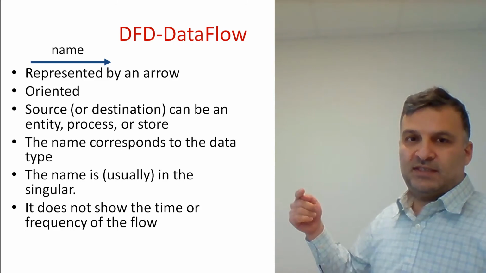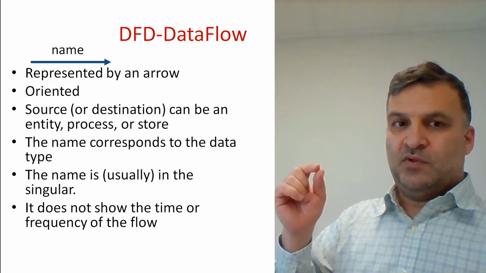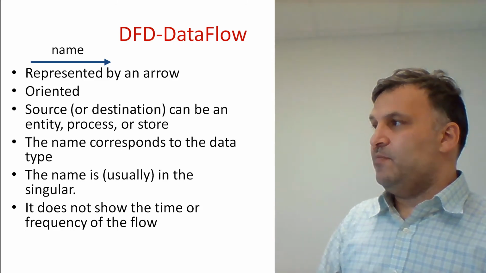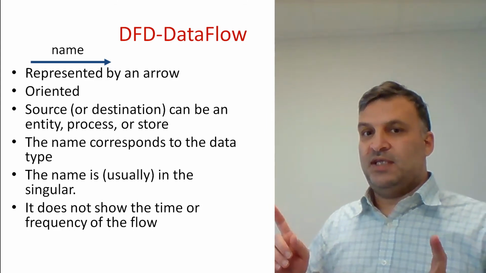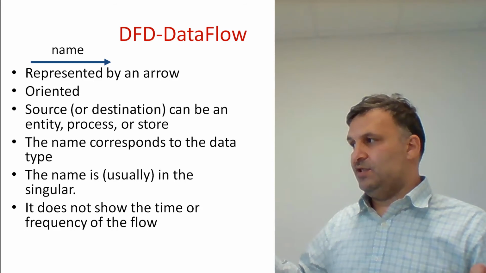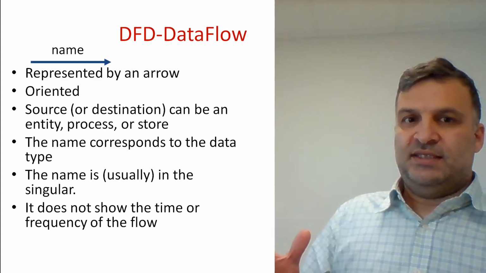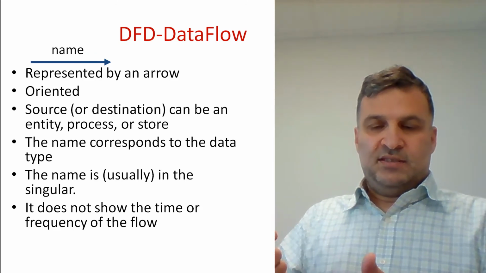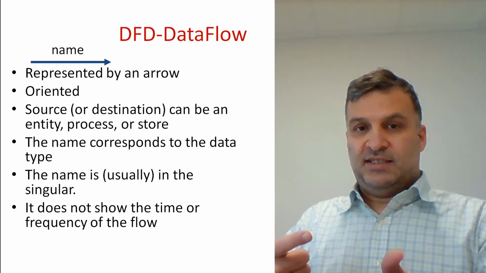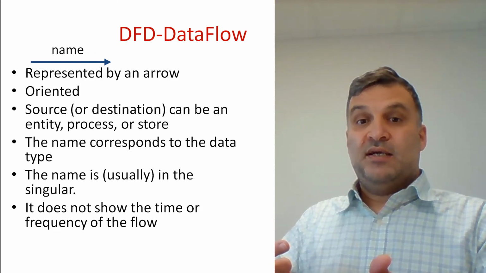The data flow is merely an oriented arrow with the name of the data. Always for the data flow there is a source and a destination. Source and destination may be the process, the external entity, or the data store.